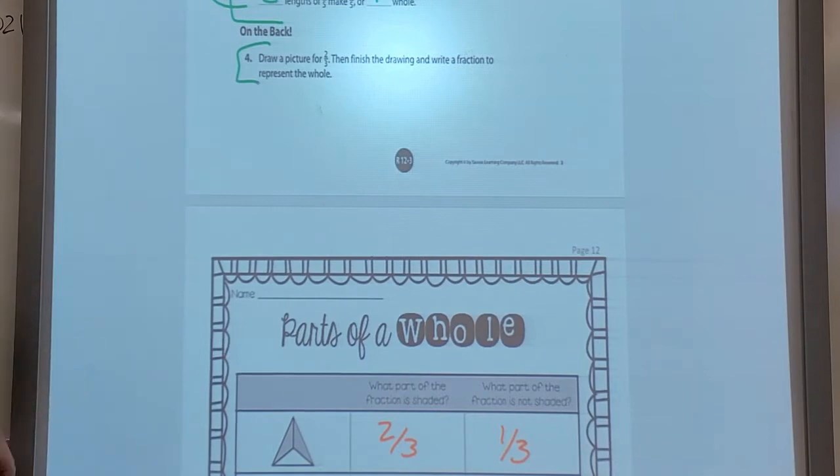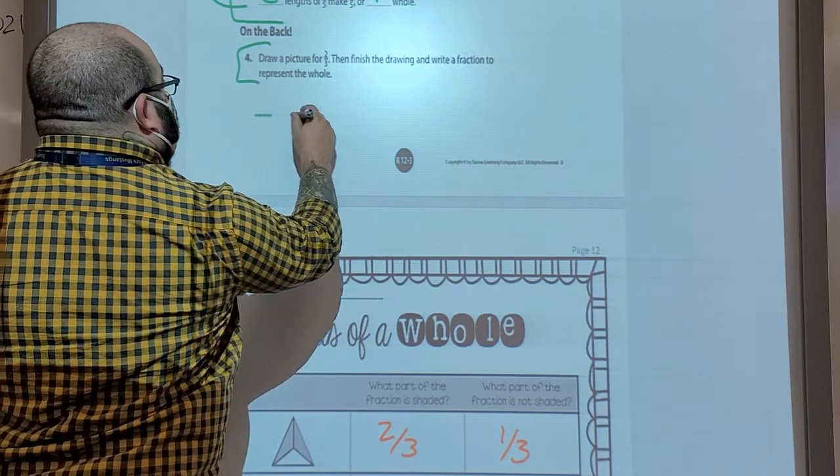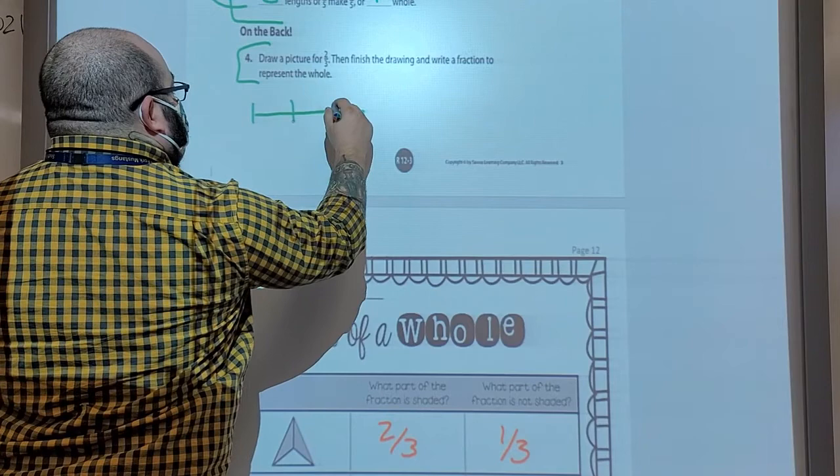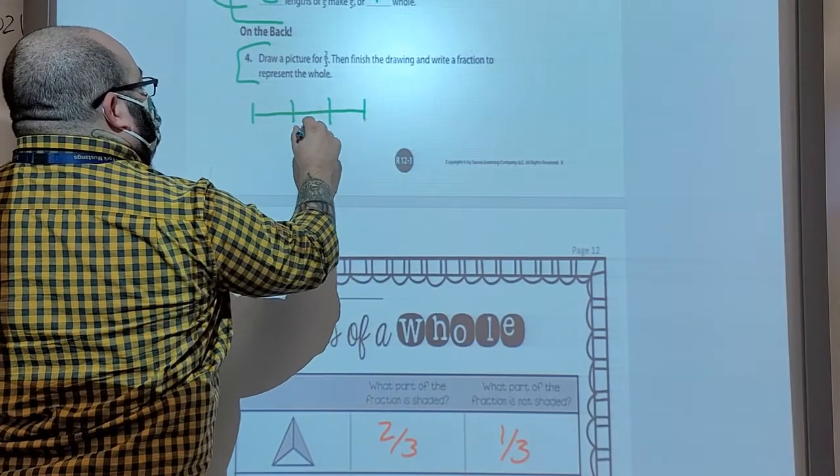Let's see, how did you do it? What kind of shape did you draw? Like a line drawing? Like a line, like a diagram or a line, number line? Like this one?